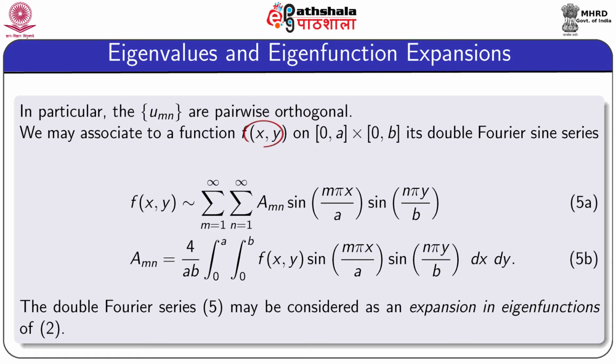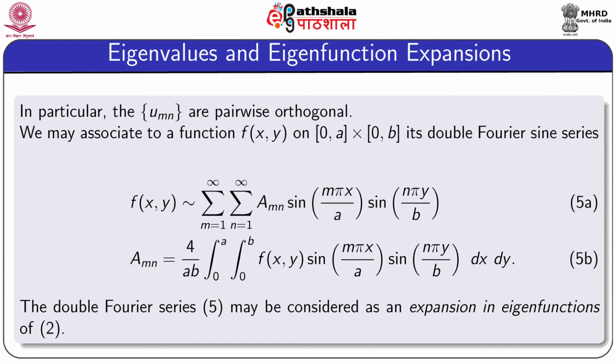Suppose there is a function f of x y which has a double Fourier series expansion, written in equation 5a as f equals the sum over m, sum over n of amn sine m pi x by a sine n pi y by b, where amn is equal to 4 by ab times the integral from 0 to a, 0 to b of f sine m pi x by a sine n pi y by b dx dy.